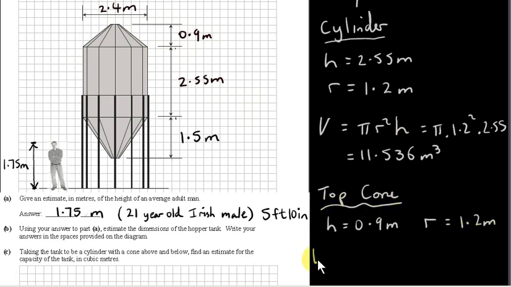The volume of a cone is 1/3 pi r squared h. It's actually 1/3 the volume of a cylinder that would exactly contain the cone. So we've 1/3 times pi times 1.2 squared times the height, which is 0.9.